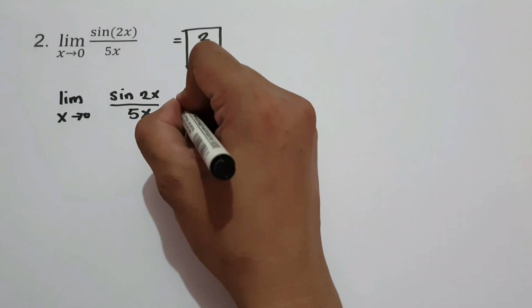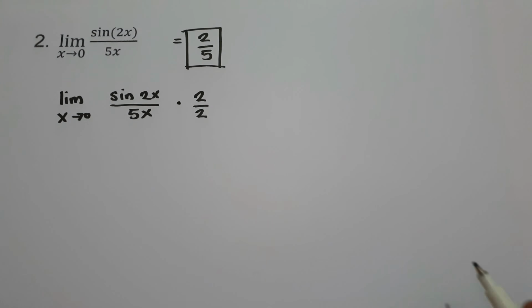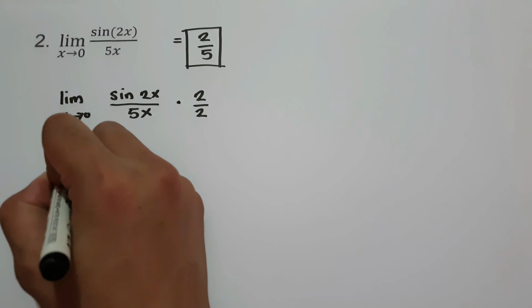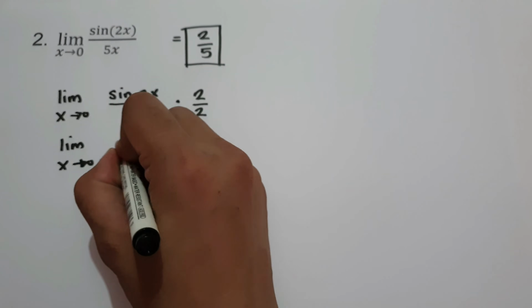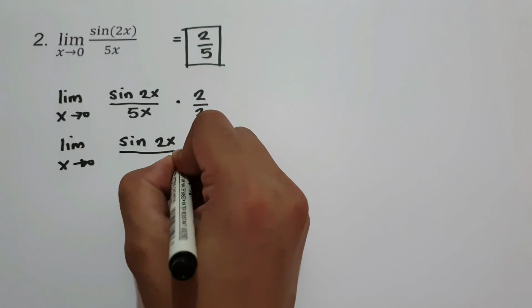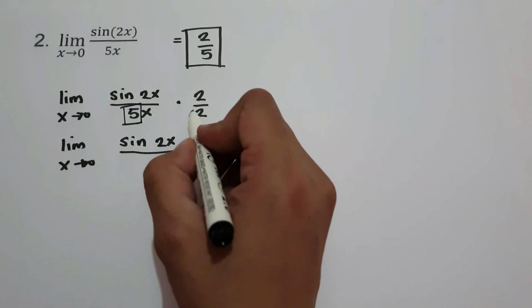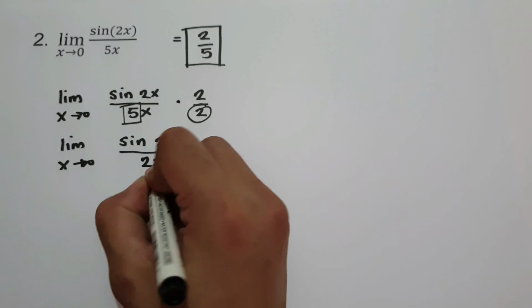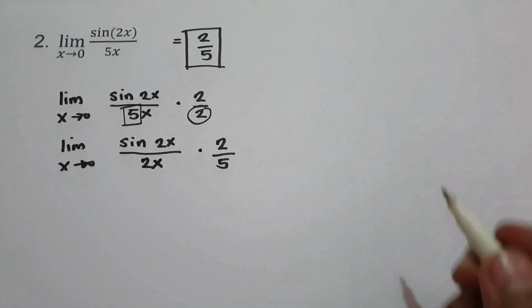So let us multiply this by 2 over 2. And then let's have the limit as x approaches 0. Let us write sine 2x divided by, so let us replace 5 by 2, so we are going to have 2x in the denominator times 2 over 5.